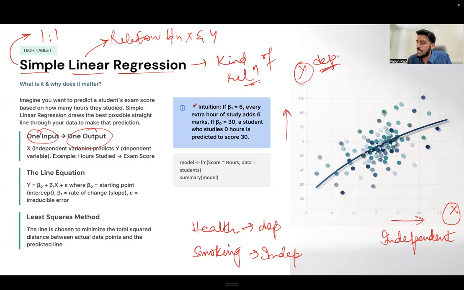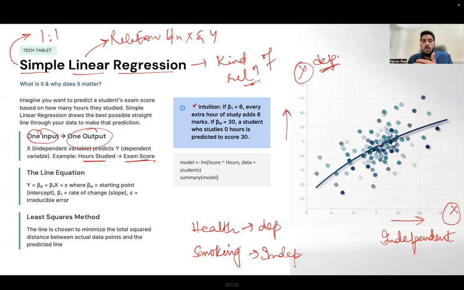Likewise, here is another example: hours studied and exam score. Based on how many hours you've studied, the exam score varies. So it is very easy to say that X, which is hours studied, is independent and Y, which is exam score, is dependent, right?